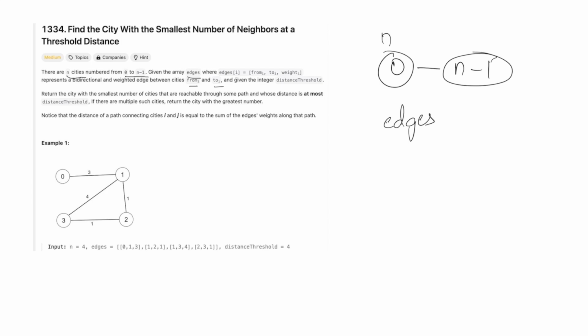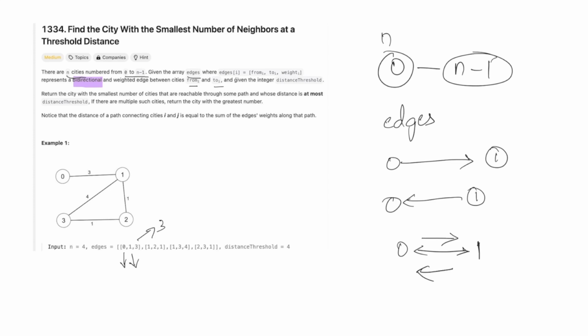If you see here, from the 0th city to the first city there is a distance of 3, and they have also mentioned that it's bidirectional, which means you can go from 0 to 1 and you can also go from 1 to 0. Bidirectional is represented like this.